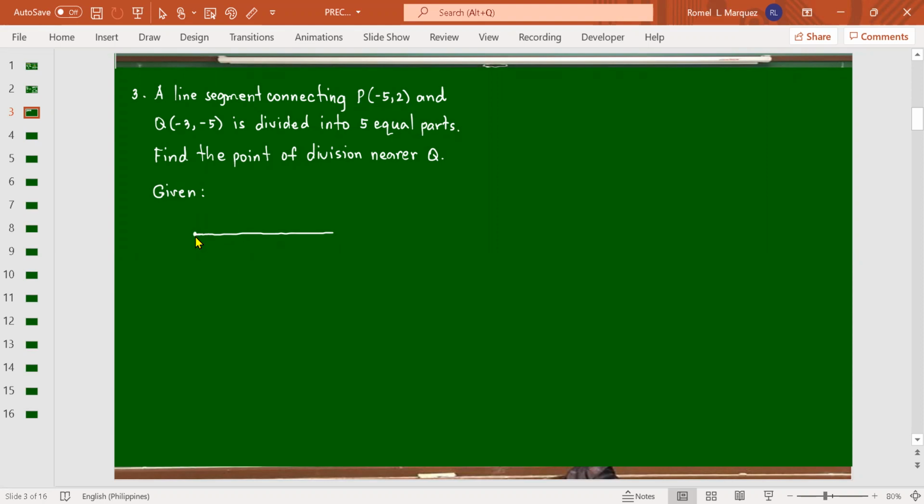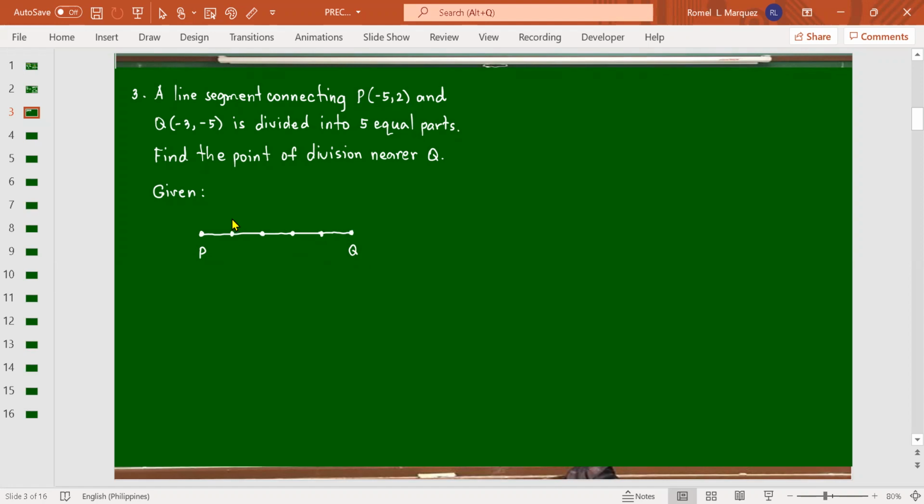I'm going to divide this into how many equal parts, guys? 5, no? 1, 2, 3, 4, 5. So how many points of division do we have, guys? 4, sir. 4. Which is the one nearer Q?